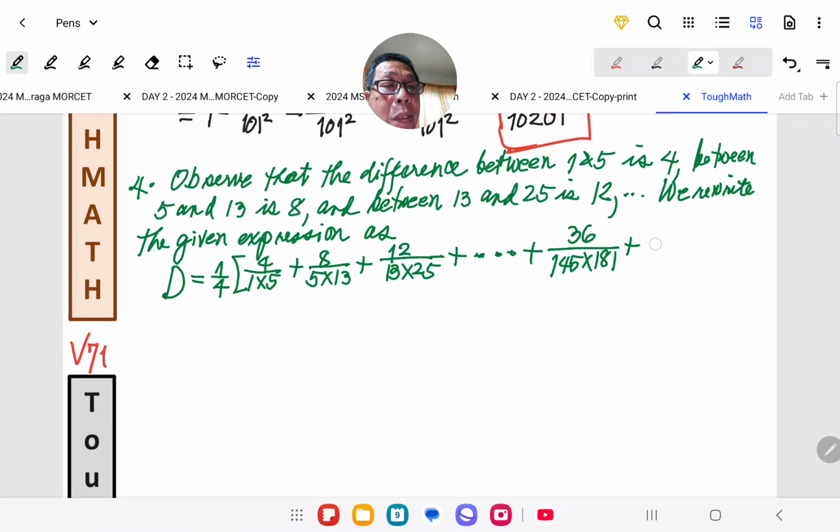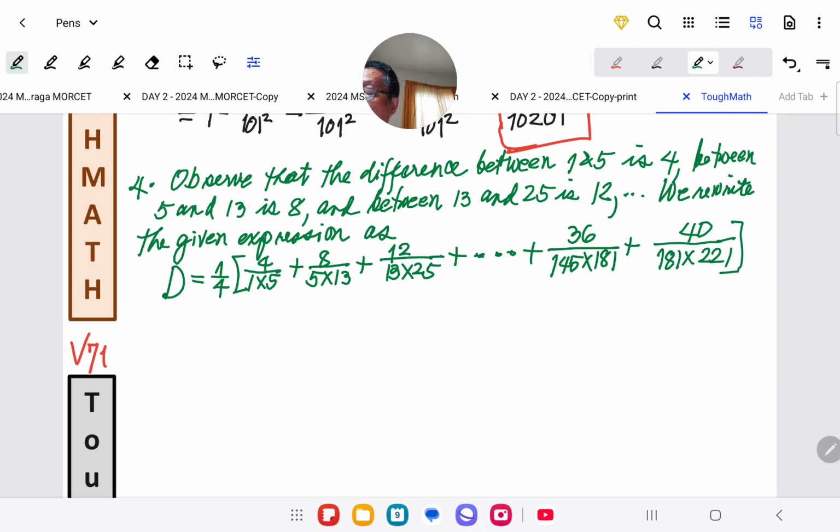So this is 181 times 221, and the difference between them is 40. Okay.